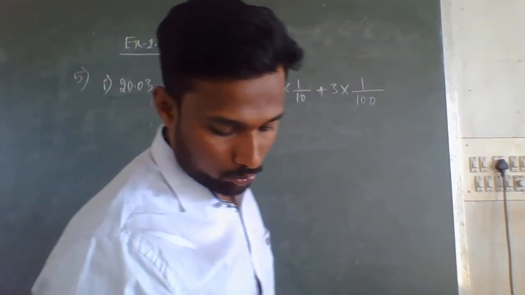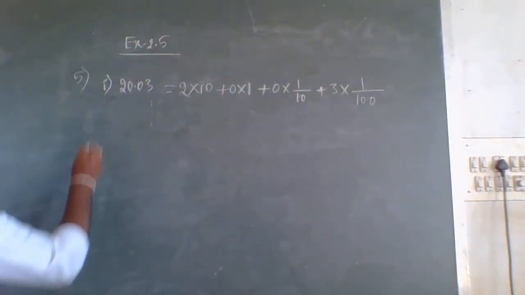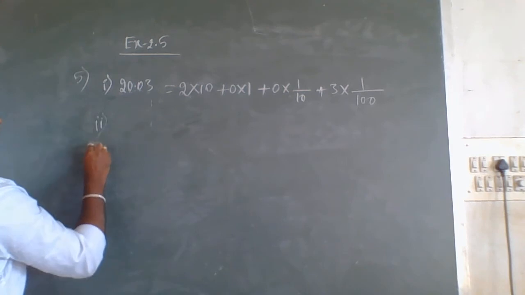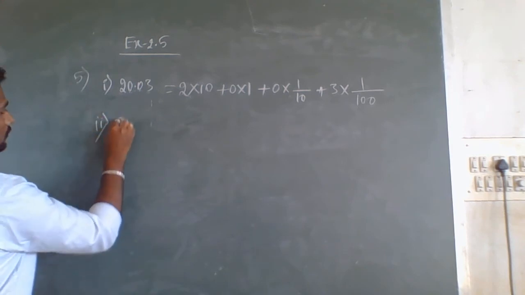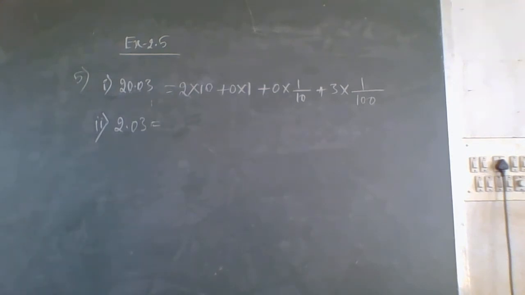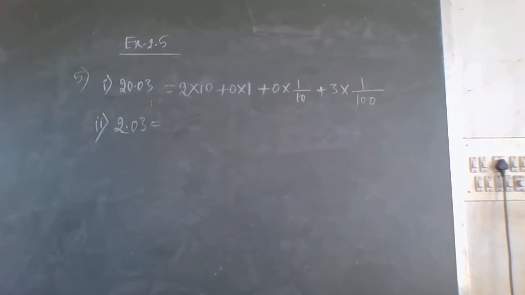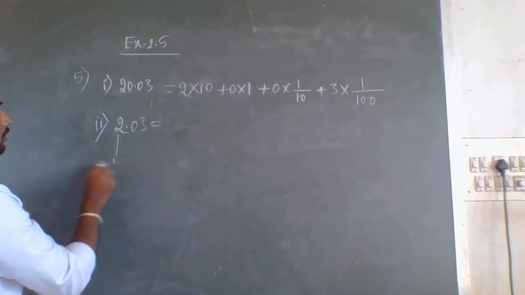In second problem of fifth main they have given 2.03. Here you can see that there is no tens position, means only ones position they have given.